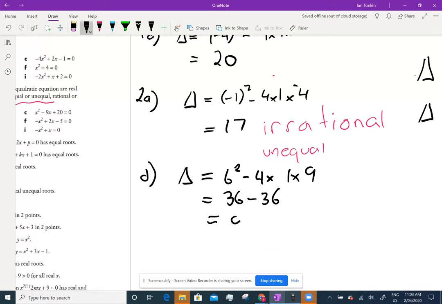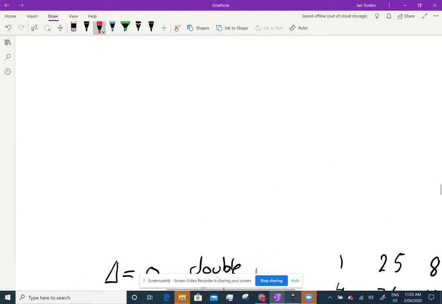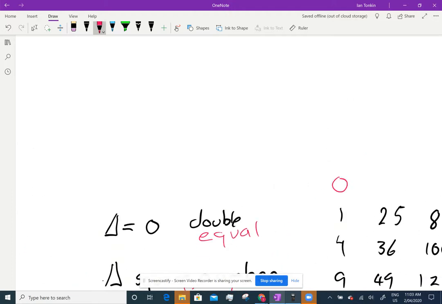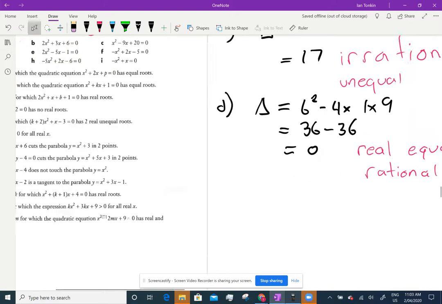Oh, it's 0, which means we have a double root, and it's real, they're equal, and it'll be rational, because 0 is a square number as well. 0 squared is 0. So the roots are real, they're equal, and they're rational.